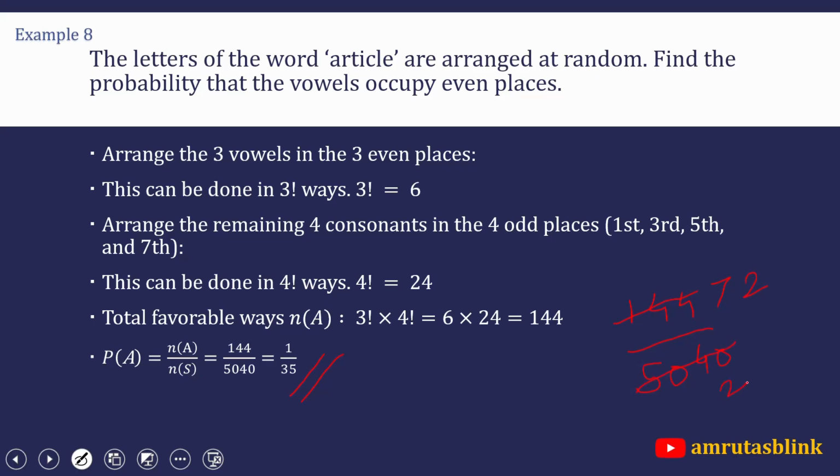Then this is 2,520. You can further divide this by 4. So 18 upon 630. Then we'll divide this by 9. This is 2 and this is 70, and then 2 ones are 2, and this is 35. So by further simplification of 144 upon 5040, you will get the answer as 1 upon 35.